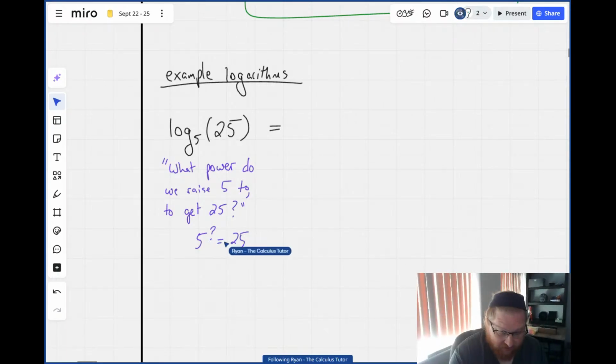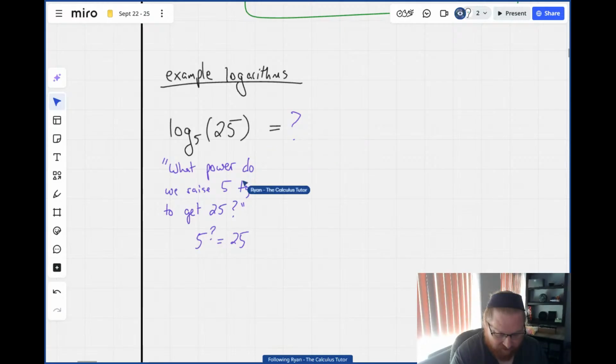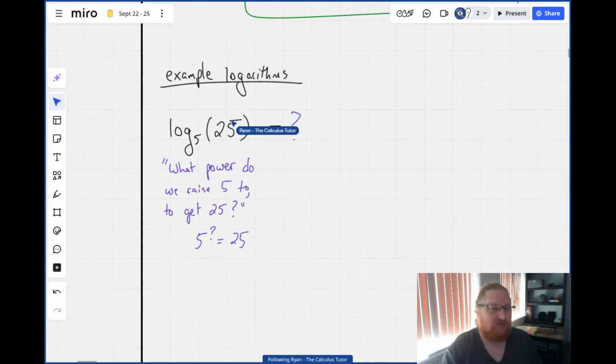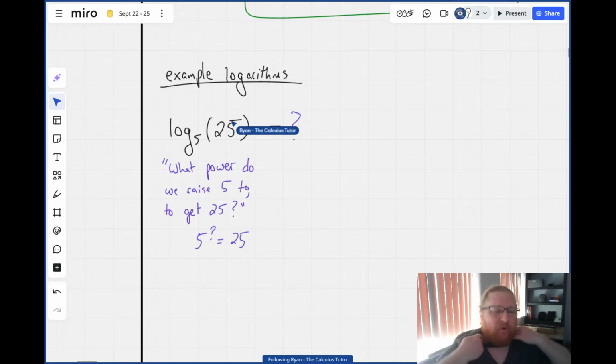Remember, this is just rearranging. This over here would be a question mark, and we can rearrange it to say 5 to the question mark equals 25. So whenever you see a logarithm, if you feel like you're struggling to understand what it's asking, rearrange it into an exponential, and it will make more sense.